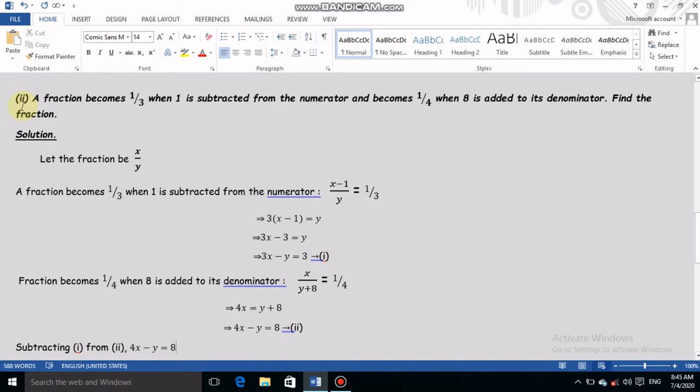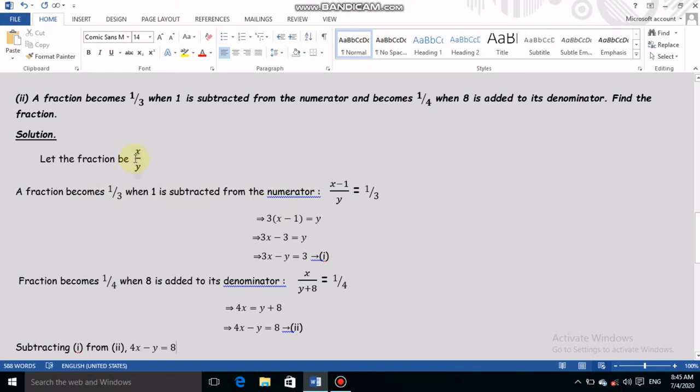Now question number 2 of 4. A fraction becomes 1 by 3 when 1 is subtracted from the numerator and becomes 1 by 4 when 8 is added to its denominator. Find the fraction. Solution. Let the fraction be x by y. A fraction becomes 1 by 3 when 1 is subtracted from the numerator.